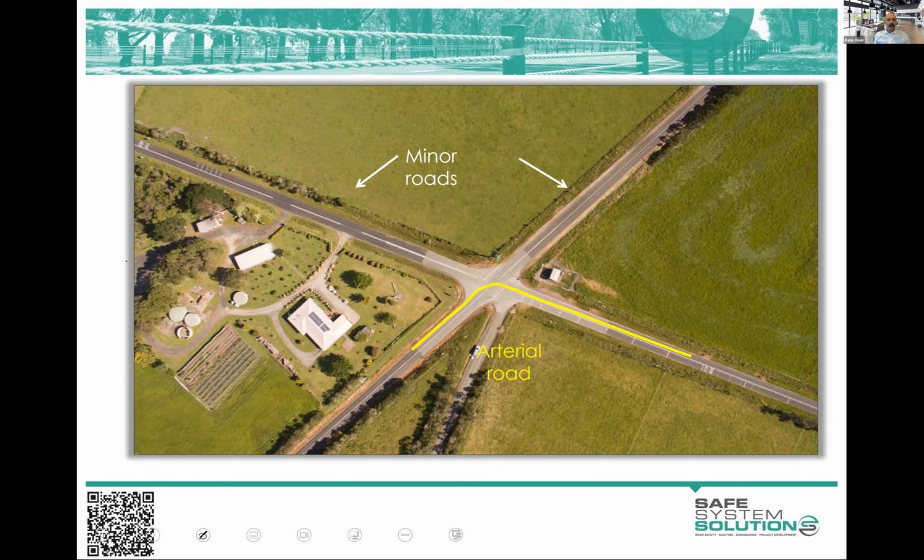So let's build a roundabout. And they went, great. Then they got their roundabout designed. You know, reverse curves on the approach, a big area with your roundabout, big reverse curves on the approach.